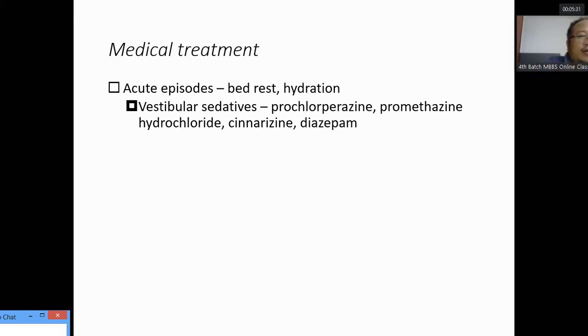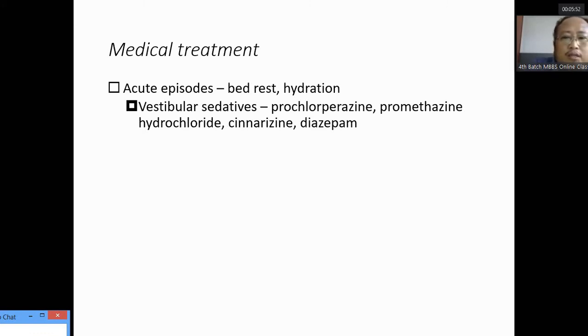Medical treatment. All the cases of vertigo which come to you in OPD or in the emergency in the acute phase, the management is almost the same. The patient should be on bed rest, and hydration should be maintained due to the repeated vomiting.